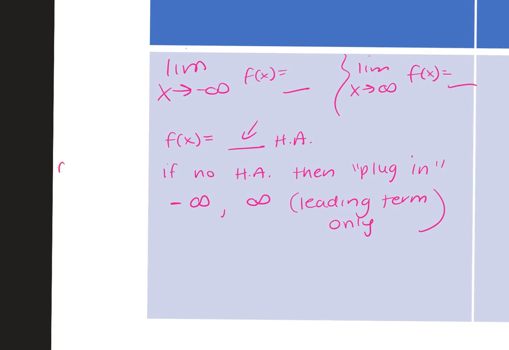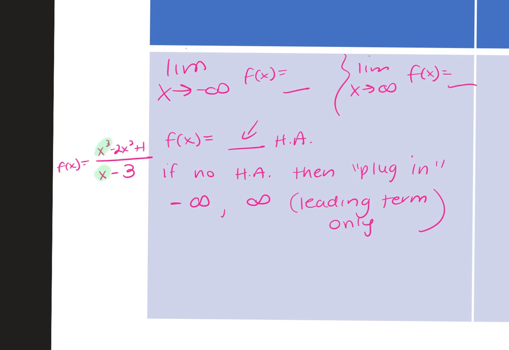So if I had f of x equals x to the third minus 2x squared plus 1 over x minus 3, for example. Because the exponent is bigger in the top than the bottom, there's no horizontal asymptote, so I would grab just the leading terms.